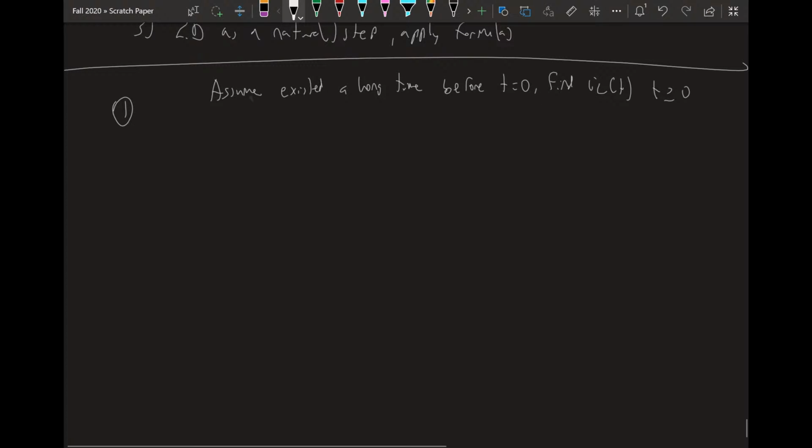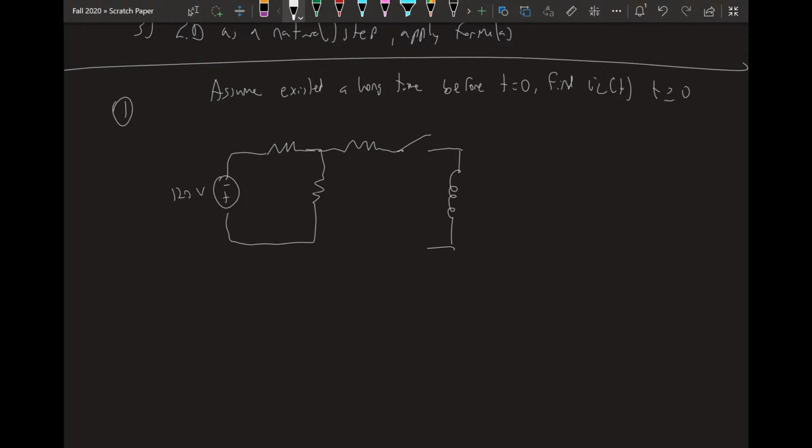Okay, so let's draw this circuit. We have 120 volts, resistors everywhere. Here's our switch. Here's our inductor. A dependent source, and resistors.